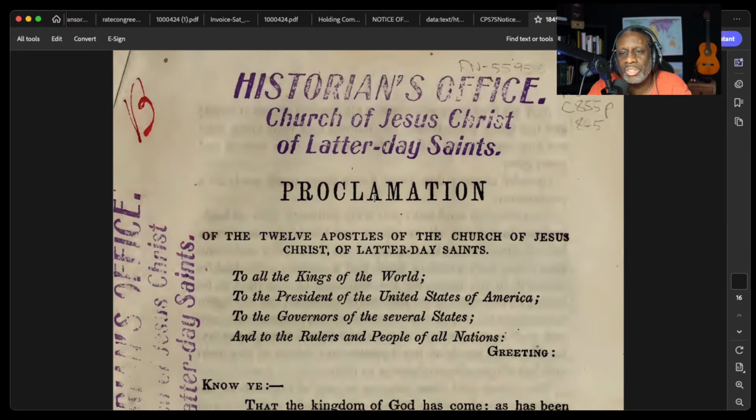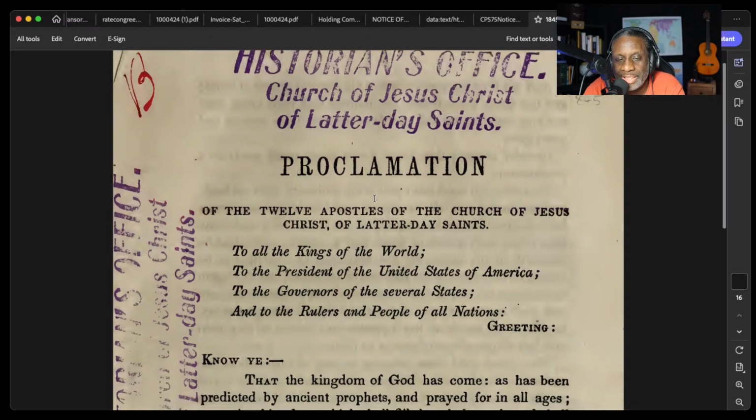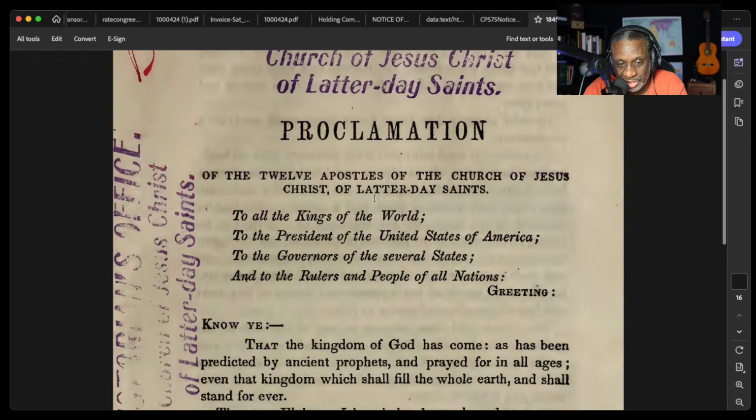So this is the historian's office. It's official Church of Jesus Christ of Latter-day Saints, a proclamation of the 12 apostles of the Church of Jesus Christ of Latter-day Saints to all the kings of the world, to the president of the United States of America, to the governors of several states, and to the rulers and people of all nations.